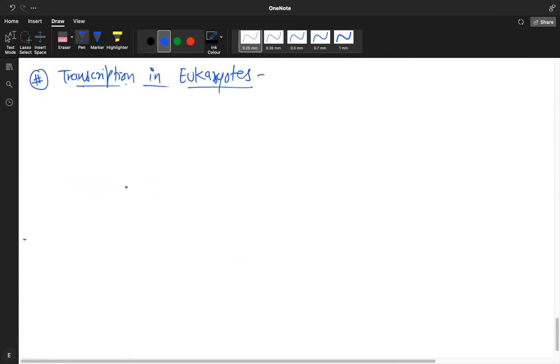The first complexity is, remember I told you that in prokaryotes, to transcribe all different types of RNAs, there is only one RNA polymerase. This is not the case in eukaryotes. Clear?